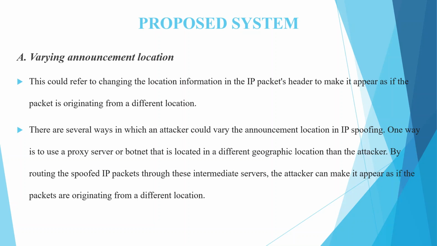By routing the spoofed IP packets through these intermediate servers, the attacker can make it appear as if the packets are originating from a different location.